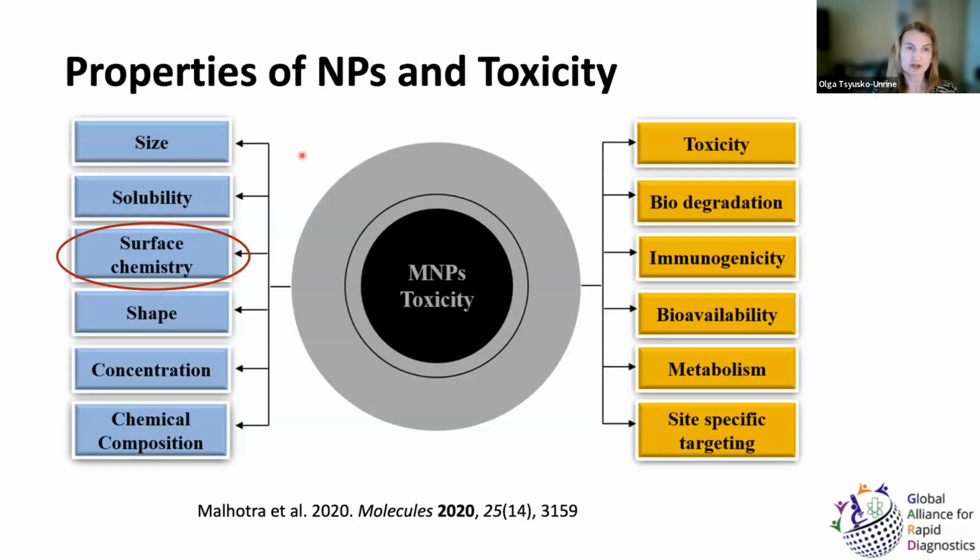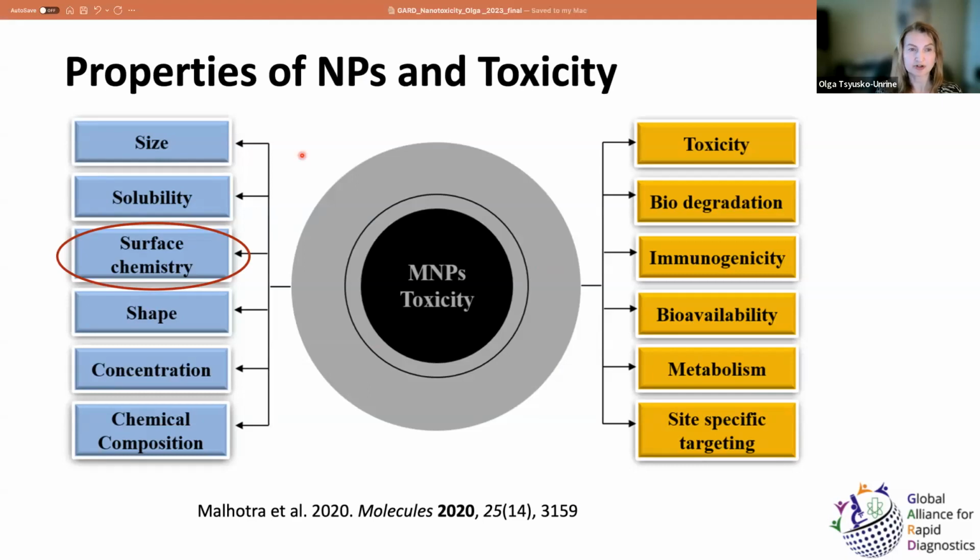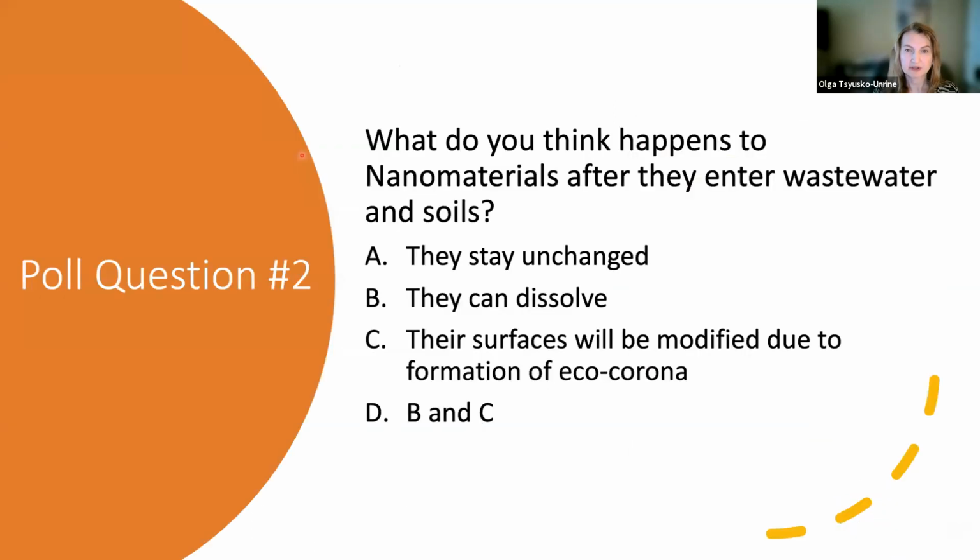So far we considered size, solubility, and shape, but what about surface chemistry? With that, I want you to also look at the poll question. The question is, what do you think happens to nanomaterials after they enter those environments, the wastewater environment and soil environments? Do they stay unchanged? Do they dissolve?